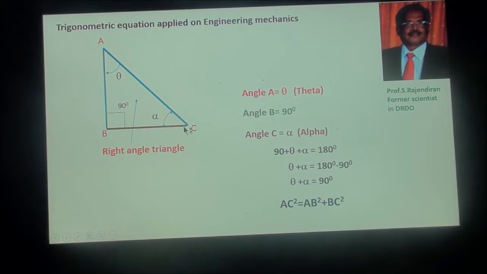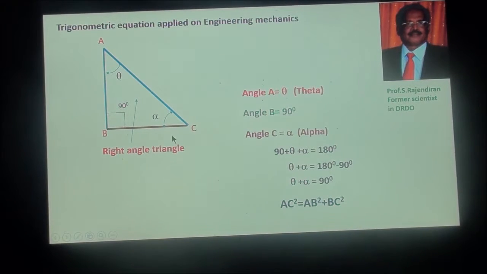ABC is a right angle triangle where angle B is 90 degrees, and we assume angle A is theta and angle C is alpha. In any triangle ABC, this 90 degree angle B plus theta plus alpha is 180 degrees.